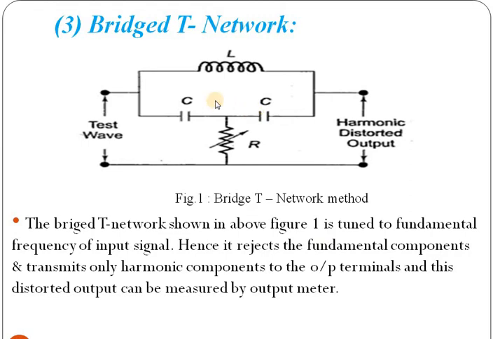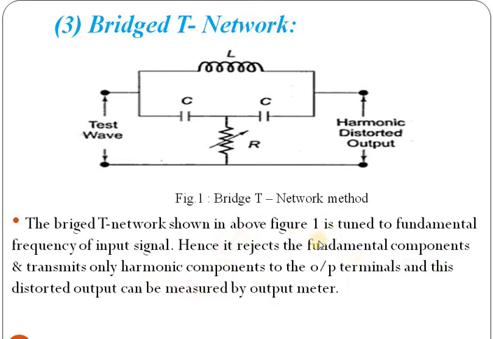So it will reject the fundamental by sending it to ground, and it will allow only the harmonic components. Hence it rejects the fundamental components and transmits only harmonic components to the output terminals, and this distorted output can be measured by the output meter.